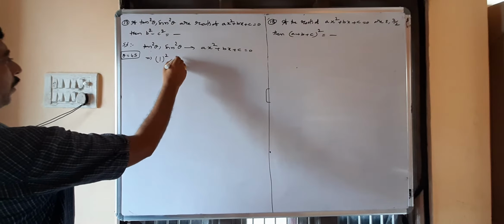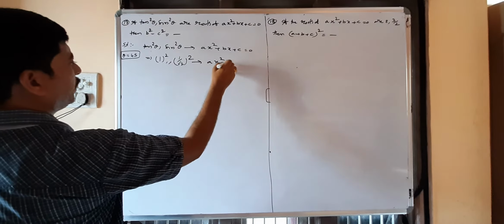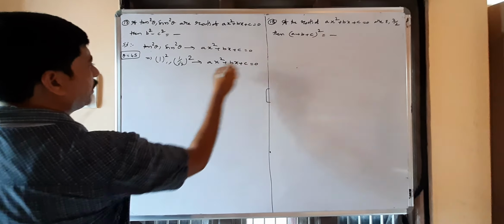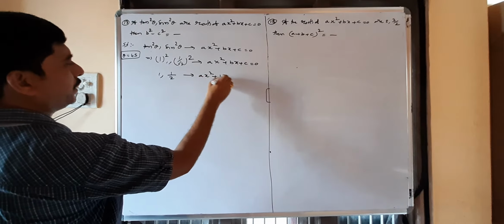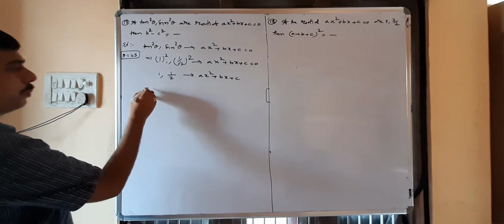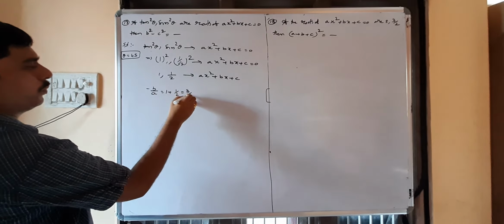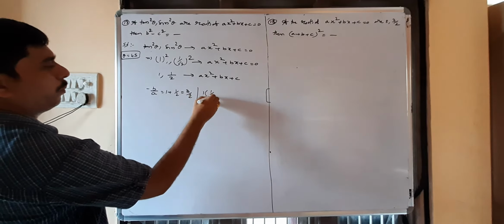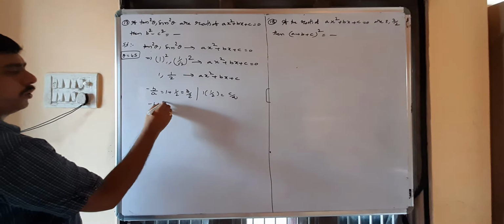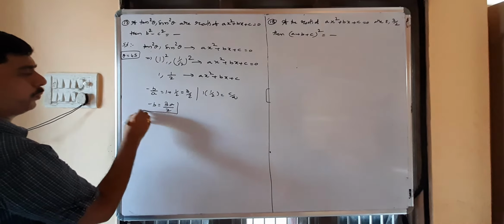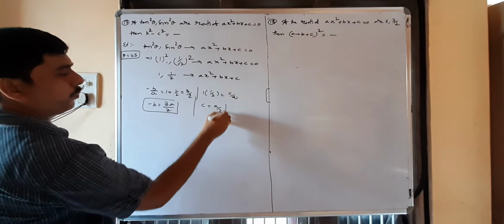Sin 45 is 1 by root 2, and 1 by root 2 whole square is 1 by 2. So 1 and 1 by 2 are the roots of ax square plus bx plus c. Sum of the roots, minus b by a, equals 1 plus 1 by 2, that is 3 by 2. Product of the roots, 1 into 1 by 2, is c by a. Then minus b equals 3a by 2, and c equals a by 2.